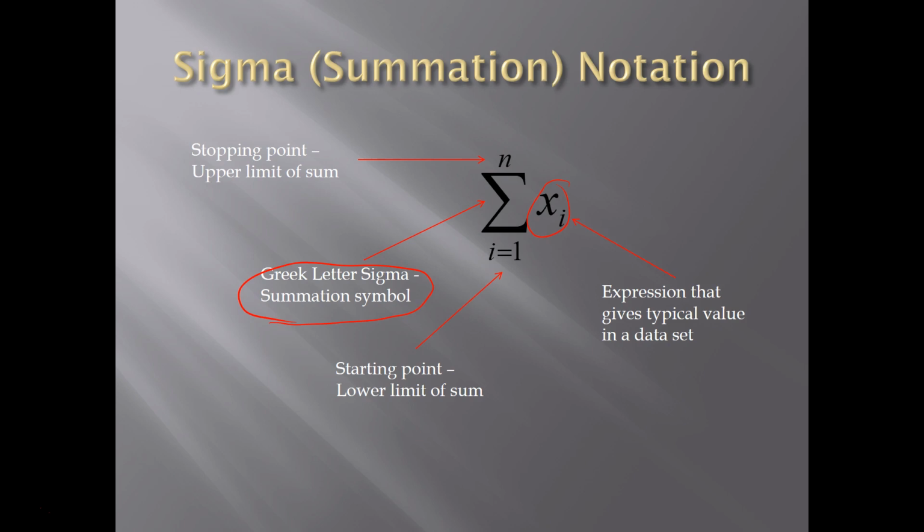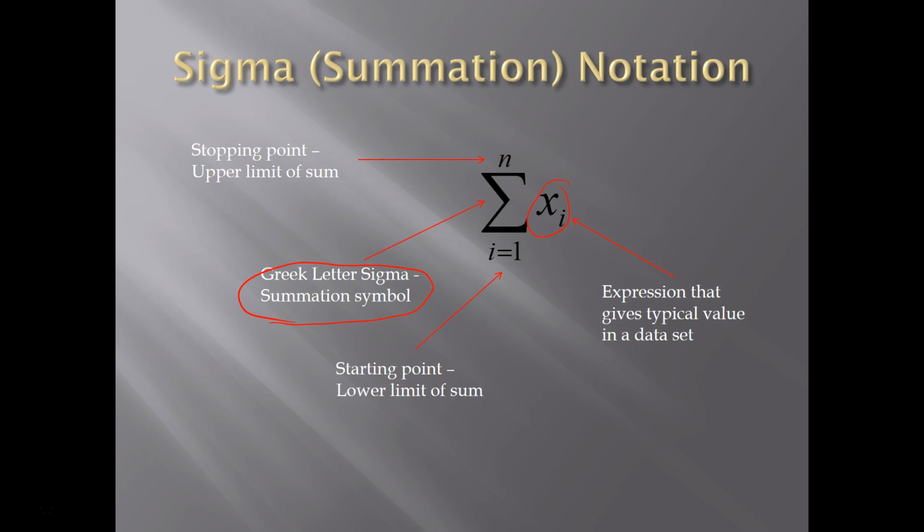Okay? I'll explain the i here in just a second, but if you're just adding a bunch of random data together, you'll just see that as an xi. In other courses, in other levels of math, even some examples that we may get to later, sometimes you'll see an algebraic expression in there.